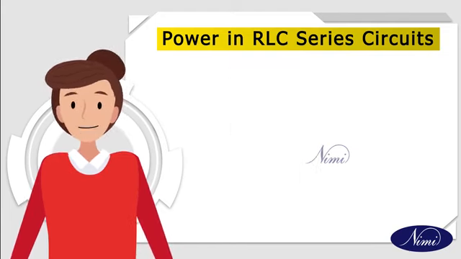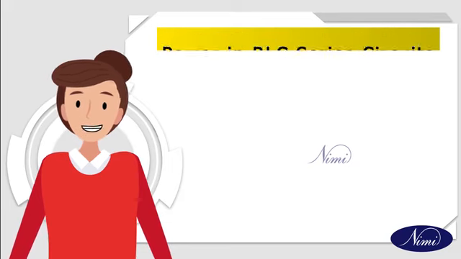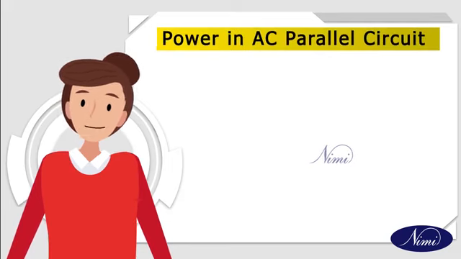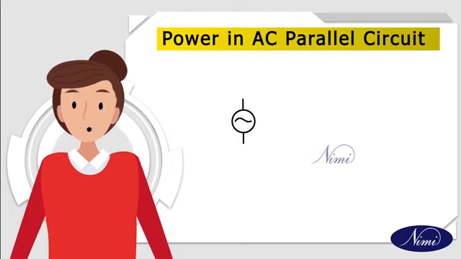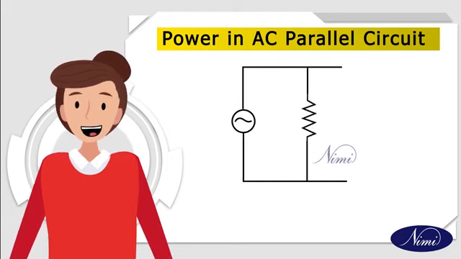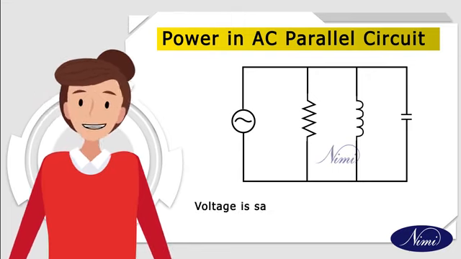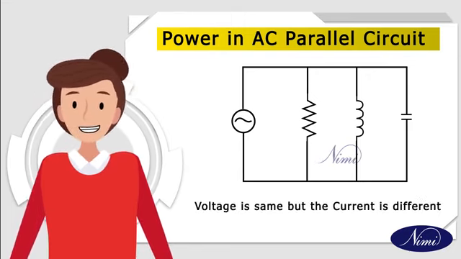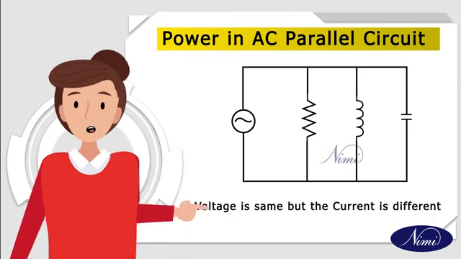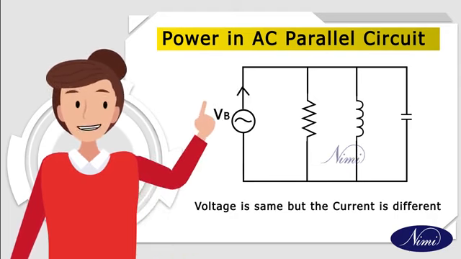Next is the power in AC parallel circuit. In parallel circuit, all the elements are connected across the supply. Here the voltage is the same, but the current is different. Let us consider V be the voltage of a given circuit.